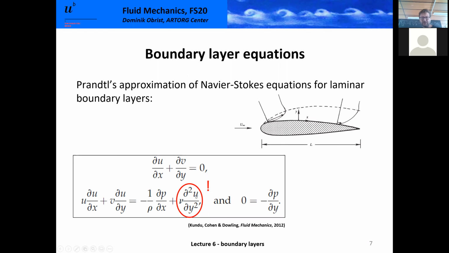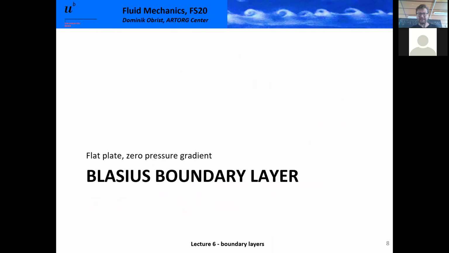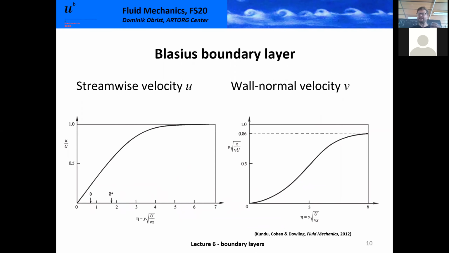And you can also compute what d u dy squared is. You can go through that and you can look this up in books or do it by yourself. It's not that difficult actually. What you will end up with is a differential equation for f, for the unknown f, which is really just the shape function.